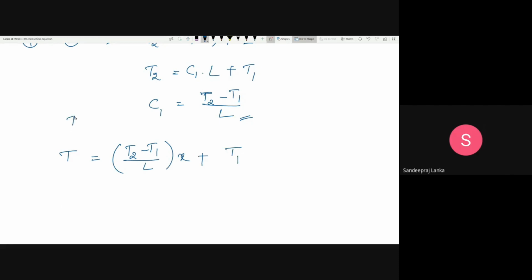So this is nothing but T equal to C1x plus T1. This is something like y equal to mx plus c. This should be C2 actually. Yes, C1x plus C2. This is your y equal to mx plus c, a straight line equation representing a linear variation of the temperature.